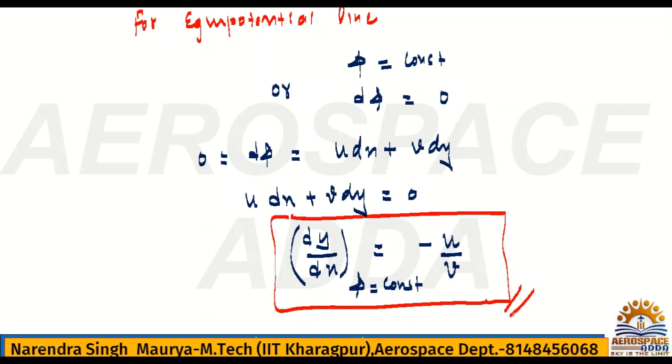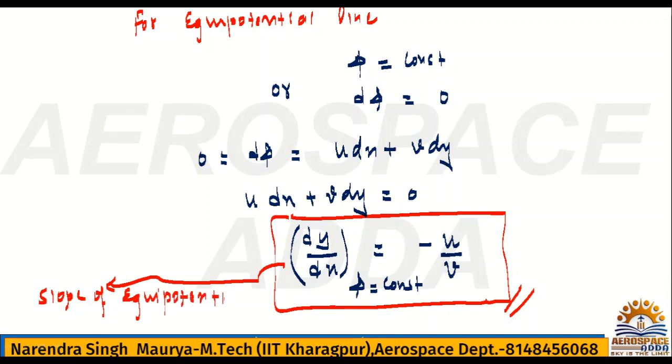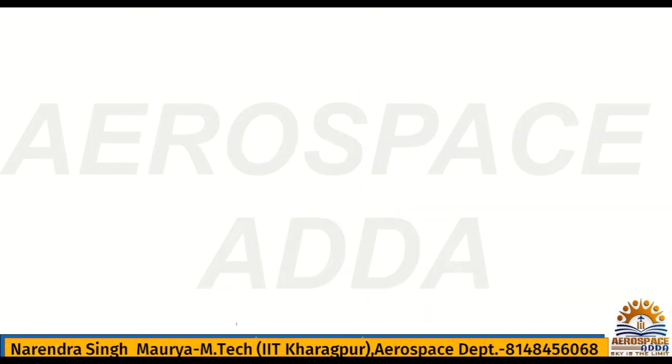Now this dy by dx is the slope of the equipotential line.